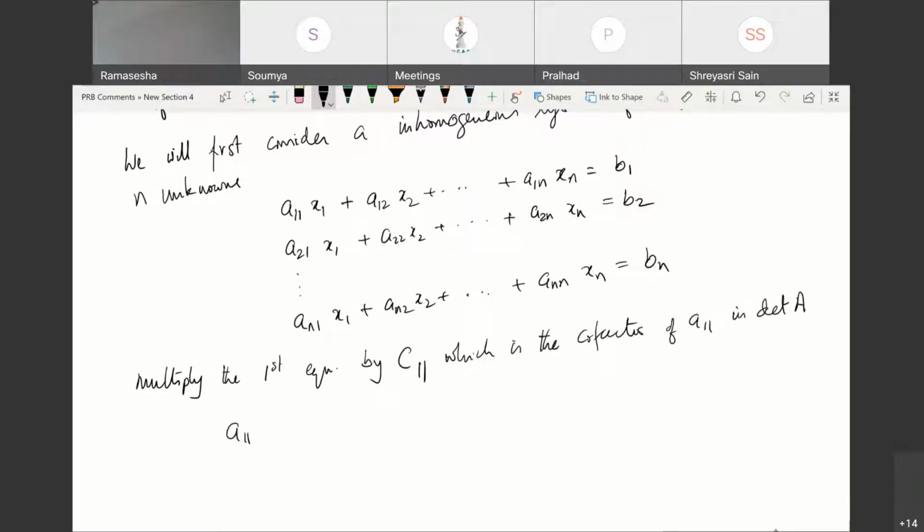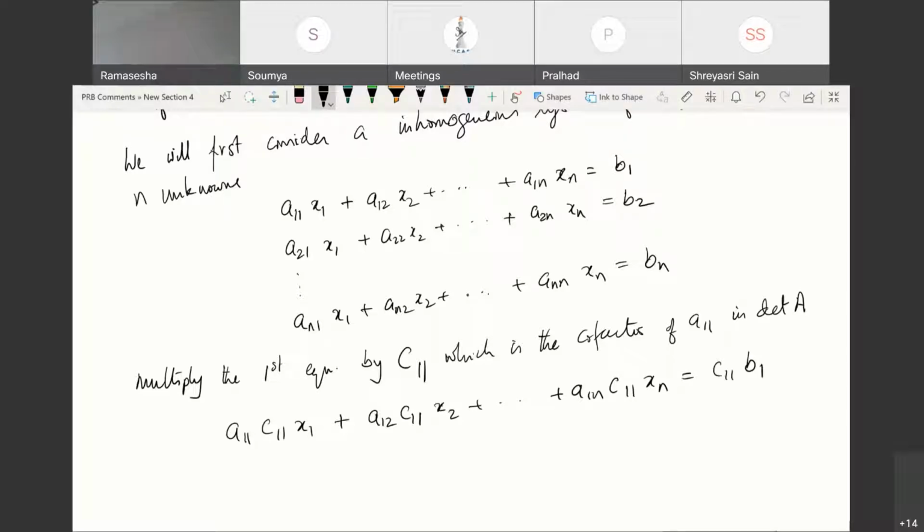I'll get A11 C11 X1 plus A12 C11 X2 plus A1n C11 xn equal to C11 B1. That's the first equation that I'll get.